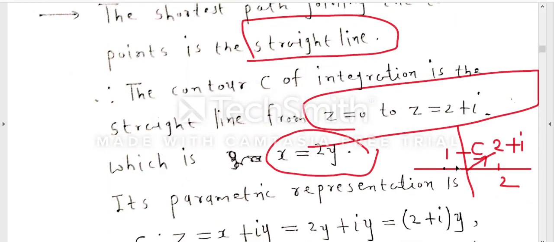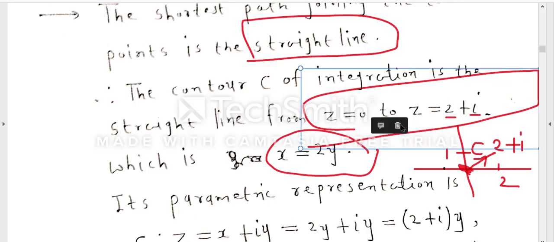So this is (0, 0), this point is the origin. So we have to consider the straight line from (0, 0) to 2 plus i. And what is the equation of this straight line? So you can see here z is 2 plus i, x is 2, y is 1. So x is double y. So the equation of the straight line is x equal to 2y.